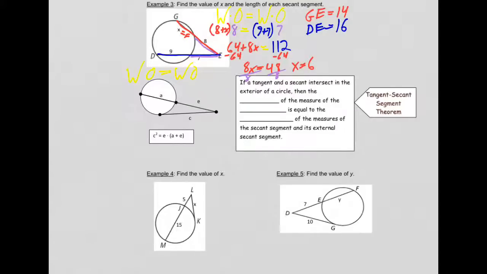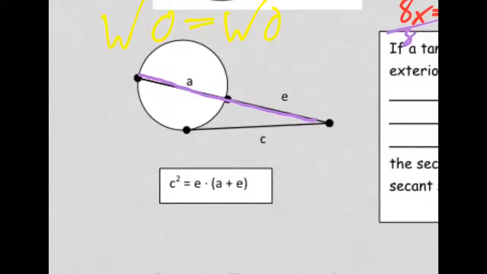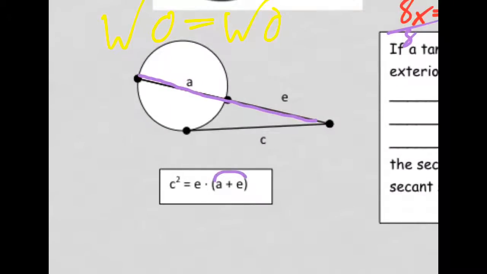So in this case, our whole for our secant is still A plus E, and then our outside is E. But our whole for our tangent, the whole tangent is C. Well, what part of that tangent is outside the circle?